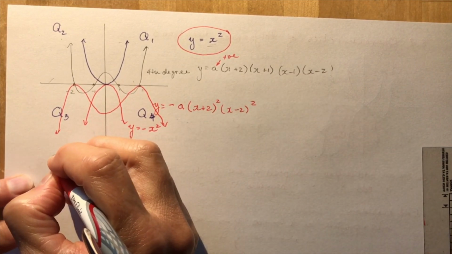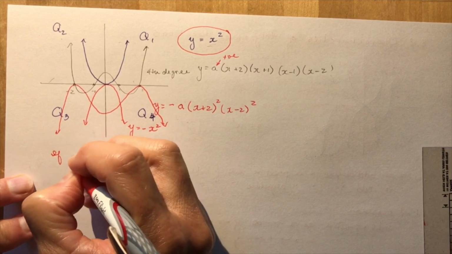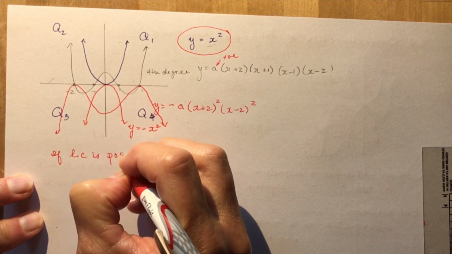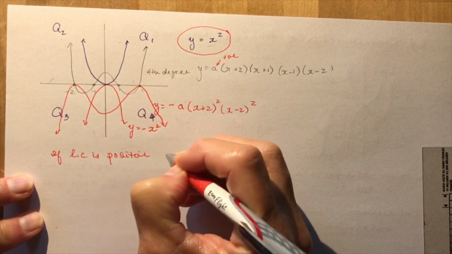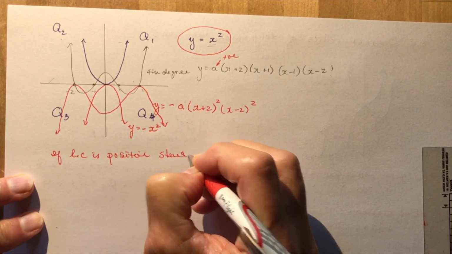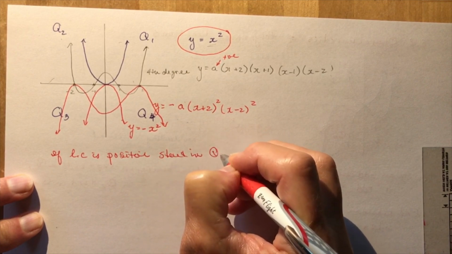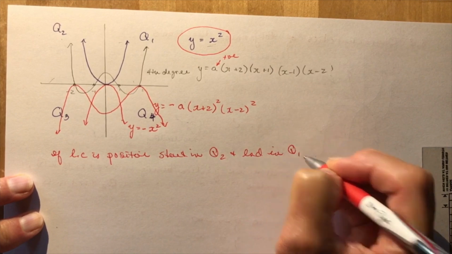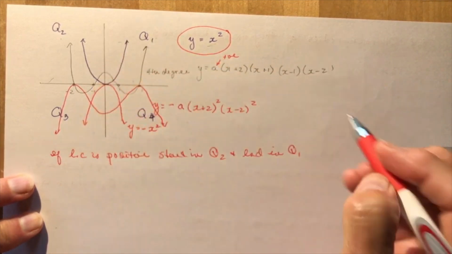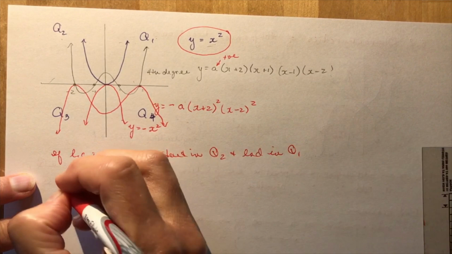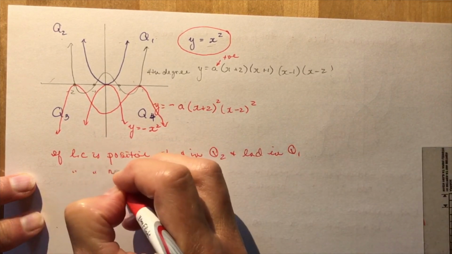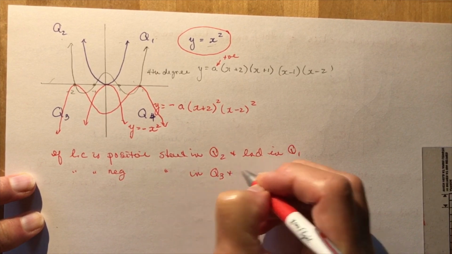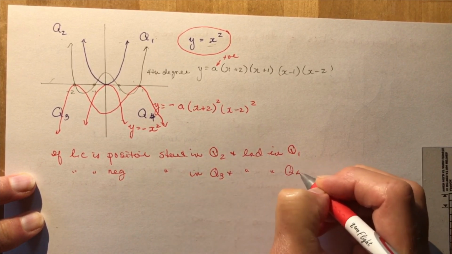So for this one, if the leading coefficient is positive, then you're going to start in Q2 and end in Q1. So that's pretty obvious, right? It's just the same thing like a parabola. And if the leading coefficient is negative, we're going to start in Q3 and end in Q4.